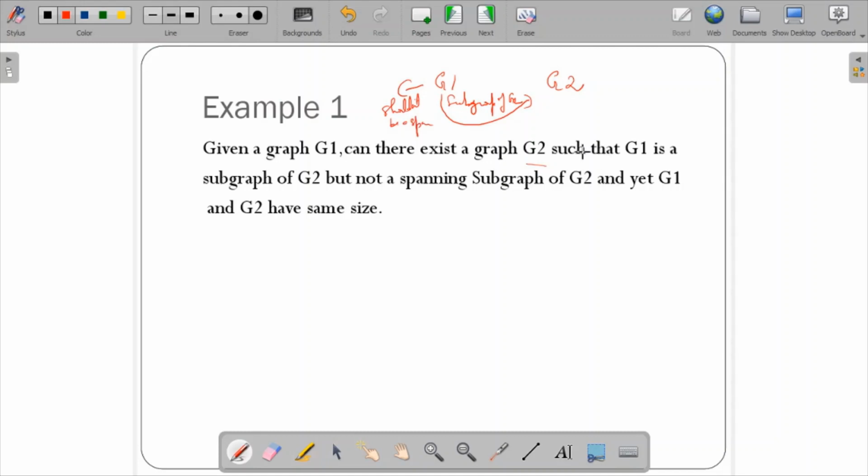What do we mean by G1 and G2 having the same size? That means both graphs' edges should be the same.